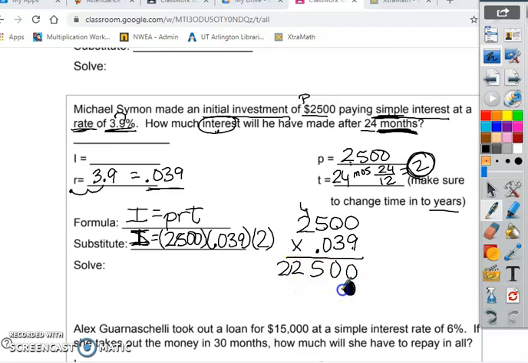Multiply the 3. Zero, 15, carry the 1. 6 plus 1 is 7.